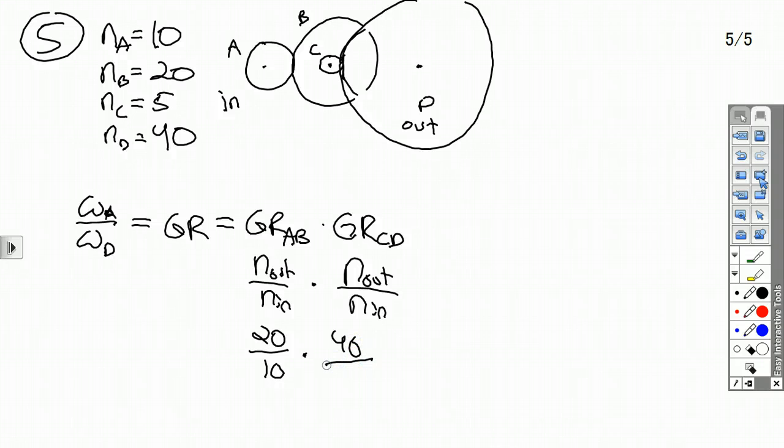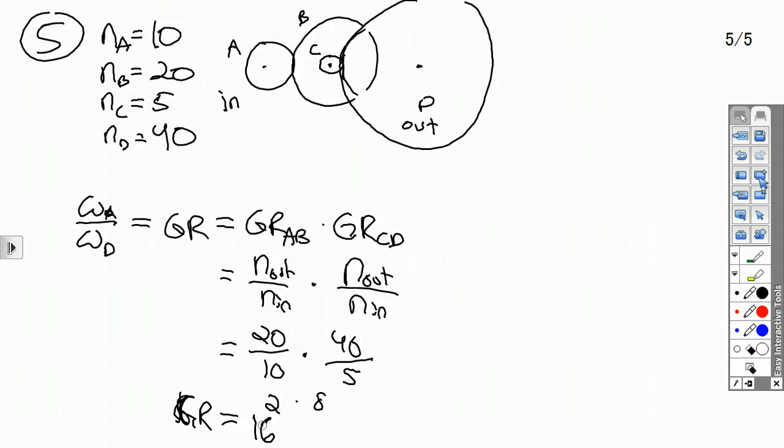In would be C. C is driving D. So that would give us 20 over 10, which is 2, times 40 over 5, which is 8, or an overall gear ratio of 2 times 8, 16. So that's our gear ratio.